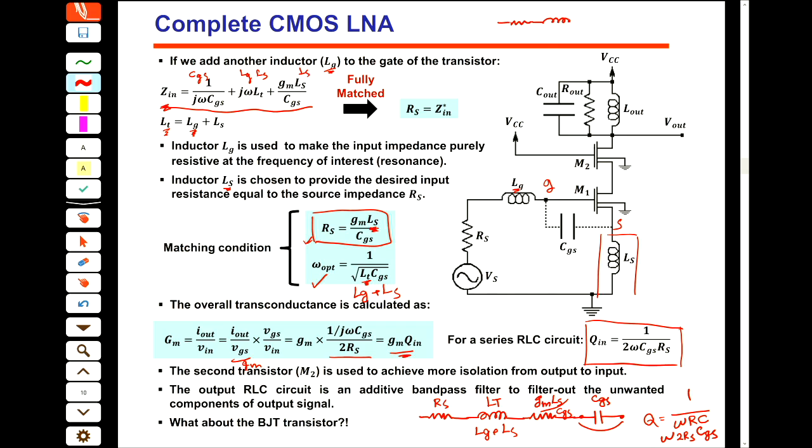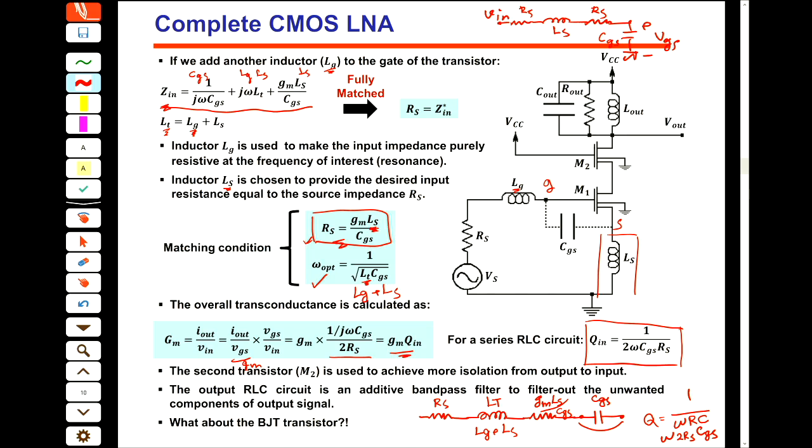R, L, R, C, plus minus VGS, V in, RS. This one is also RS from here, and this LS and CGS.